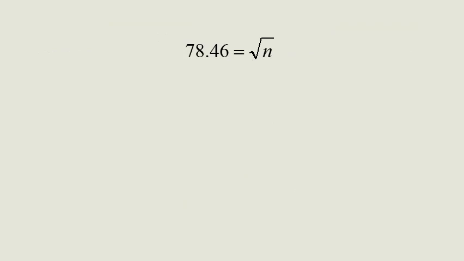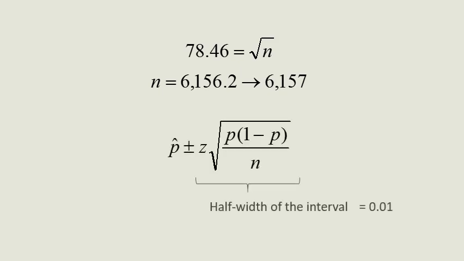We eventually get root n is equal to 78, and so n is equal to 6,157. Remember that in a question where the sample statistic needs to be within a certain distance of the parameter, then the half-width of the interval would be set to that distance. In this question, it was set equal to 0.01.